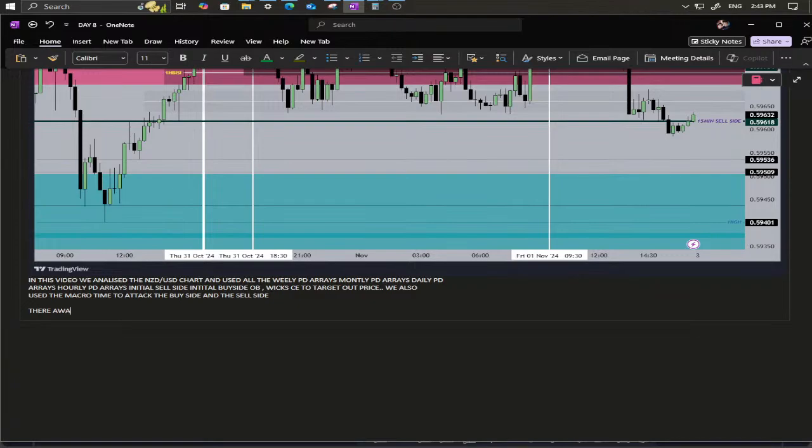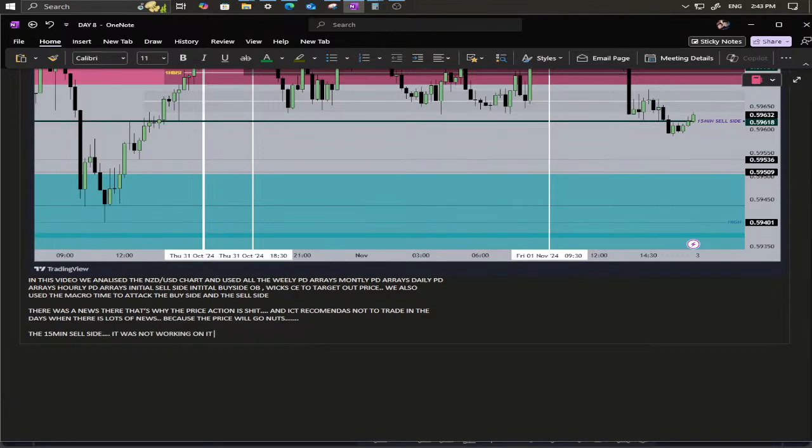There was a news event there, that's why the price action is bad, and ICT recommends not to trade on days when there is lots of news, because the price is unreliable. And the 15-minute sell side, it was not working on it.